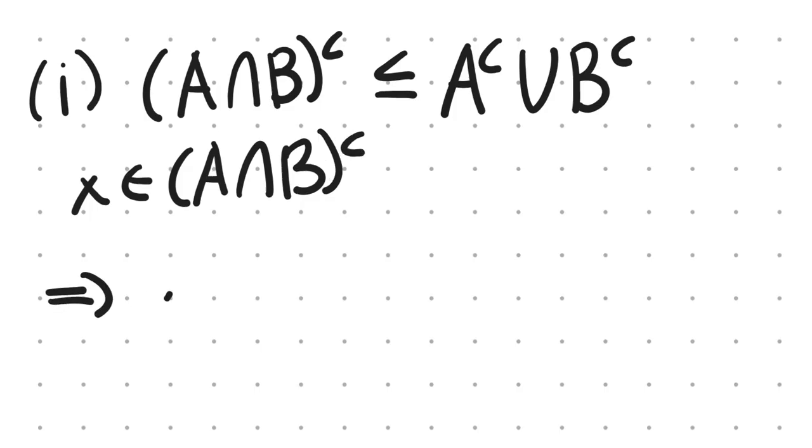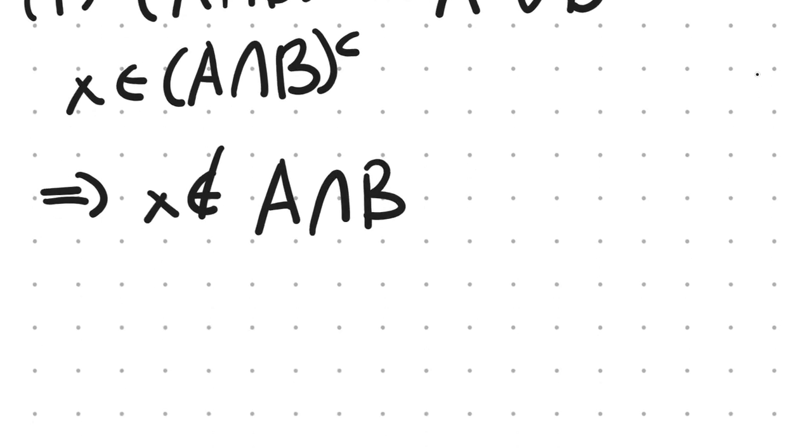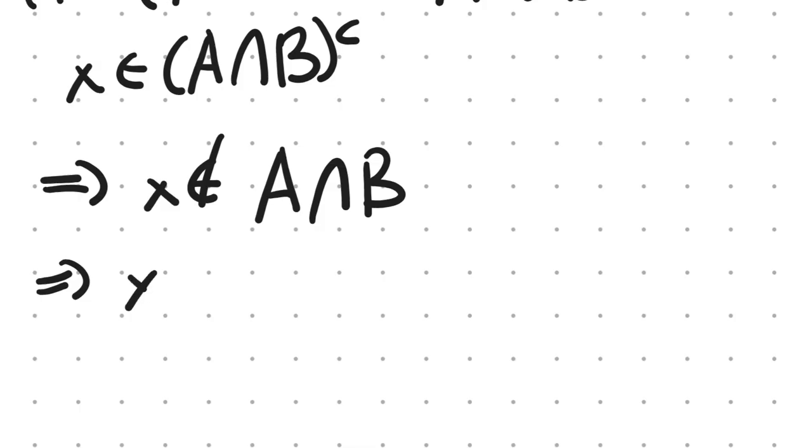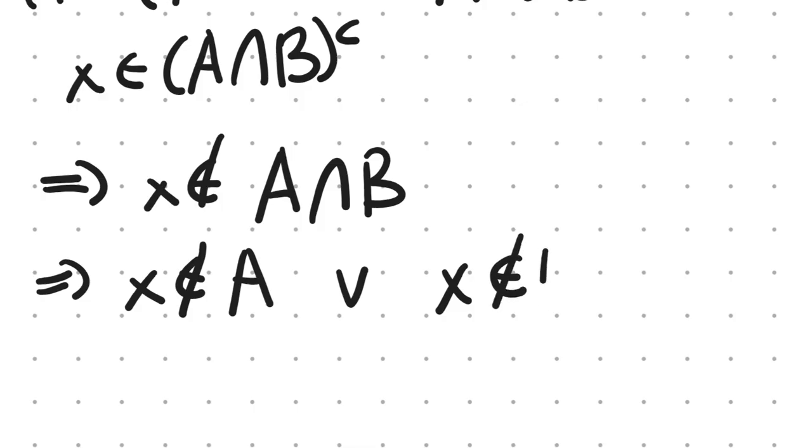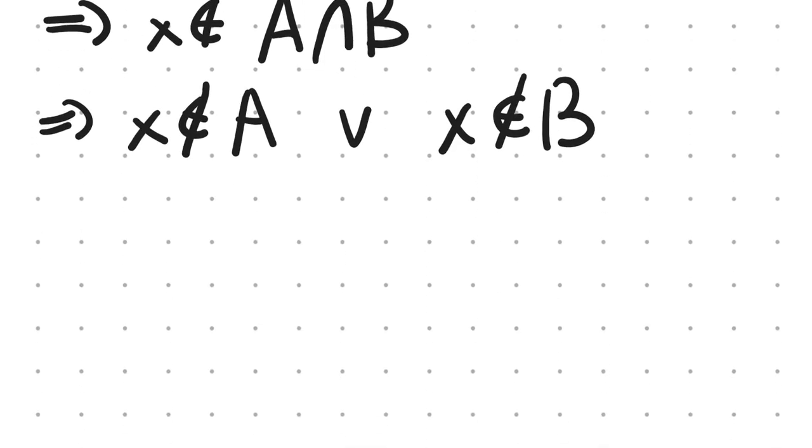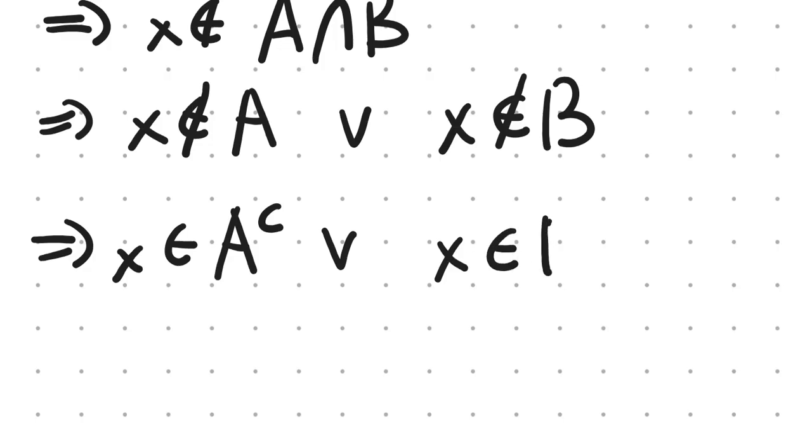This would mean that, well, since we have a complement, X is not an element of A intersecting B. So it would also imply that X is not in A or X is not in B. Since X is not in A or B, it also states that X is in A complement or X is in B complement.